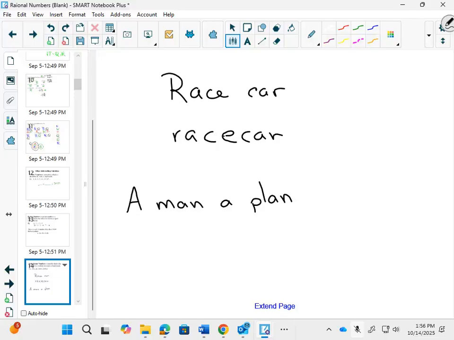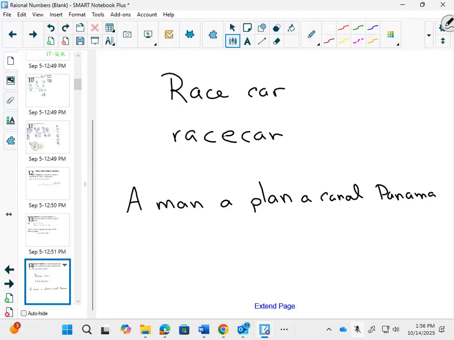Oh, yes. There we go. A man, a plan, a canal, Panama. If we start writing it backwards, a man, a plan, a canal, Panama. It's the same sentence forwards and backwards, and it also makes sense, which is kind of weird.